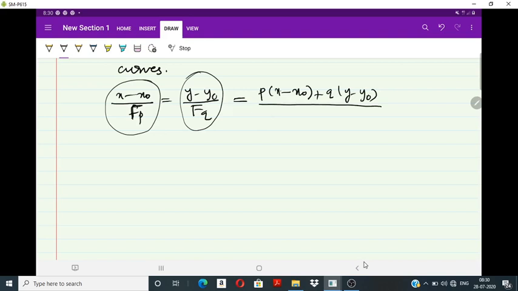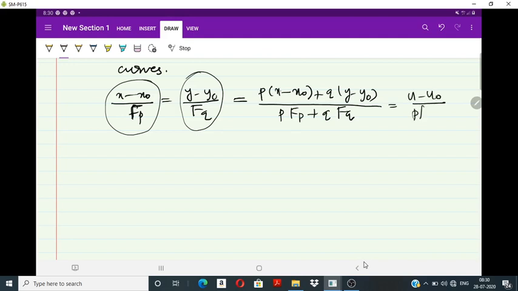The same thing should be done in the denominator also. So we can add the numerators and denominators respectively to make a new ratio from the given two ratios. Multiplying the first ratio by p and the second by q and adding, we get p fp plus q fq in the denominator. Now p into x minus x naught plus q into y minus y naught is u minus u naught.